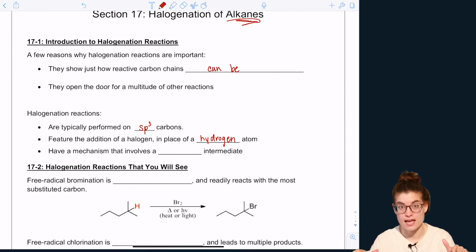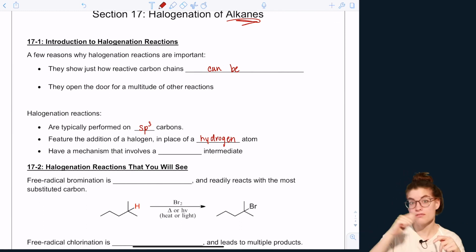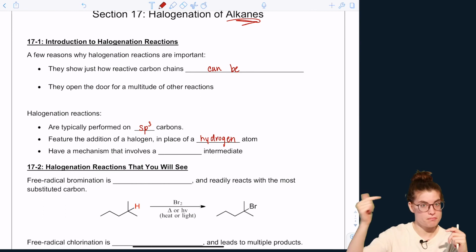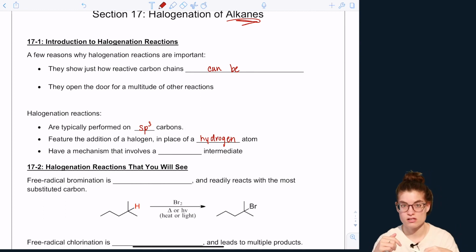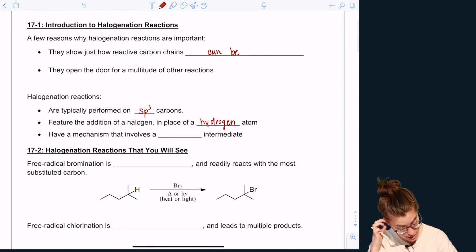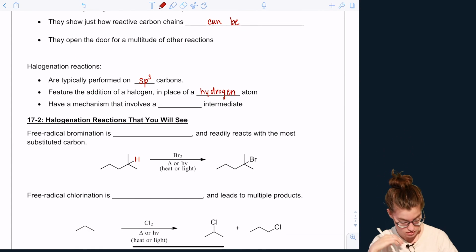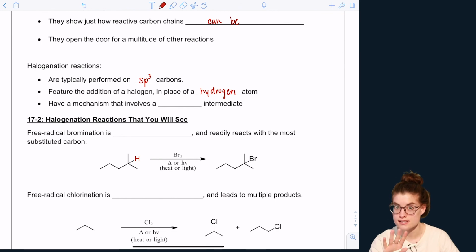We start with an alkane, which has all hydrogens on it, and what we're going to do is take one of those hydrogens off and put a halogen in its place. So if you want to put a halogen somewhere, there first has to exist a hydrogen in that position. We're replacing a hydrogen with a halogen. So if a hydrogen doesn't exist on a carbon, then we can never put a halogen on that carbon.